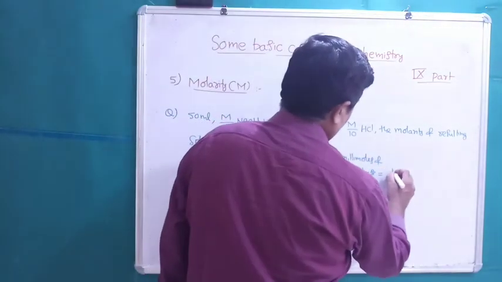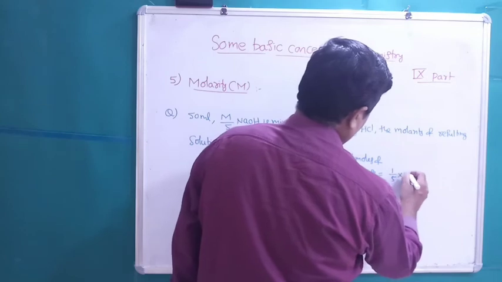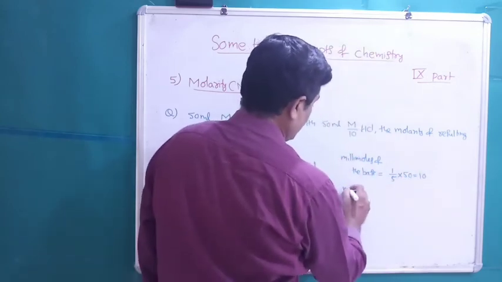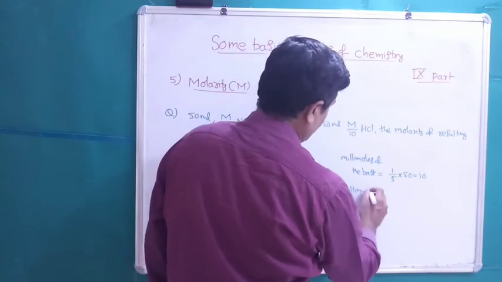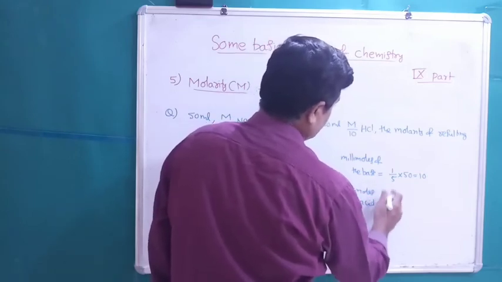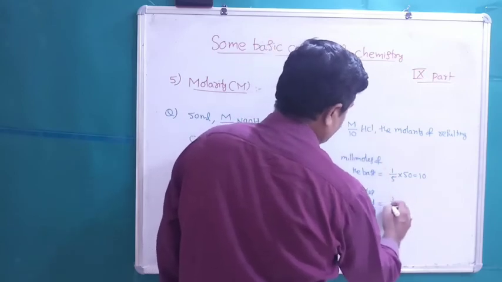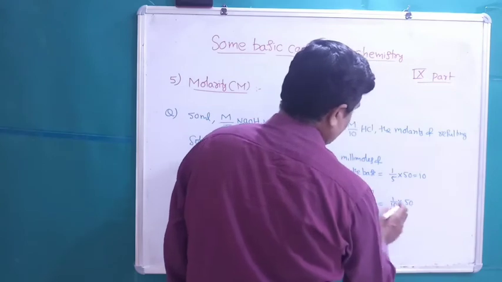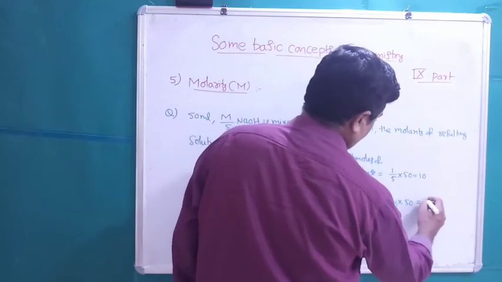That is 1 by 5 into 50, which is equal to 10 millimoles. Millimoles of acid is the product of concentration 1 by 10 and its volume in ml. That is 1 by 10 into 50, which is equal to 5.